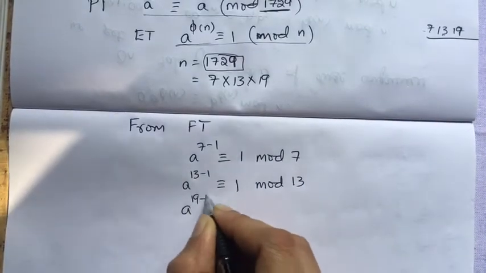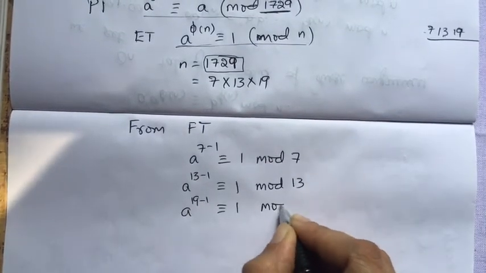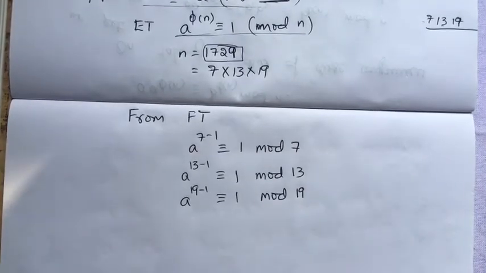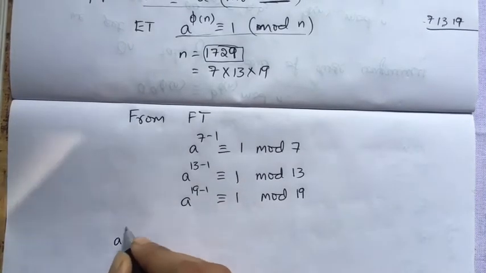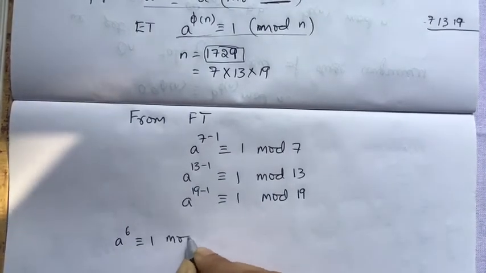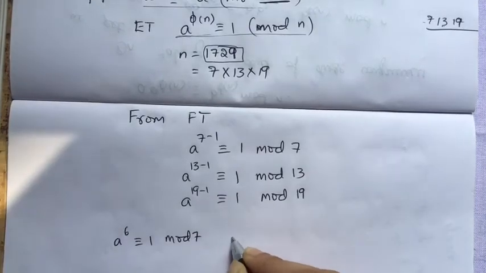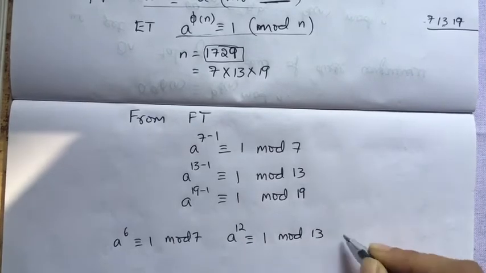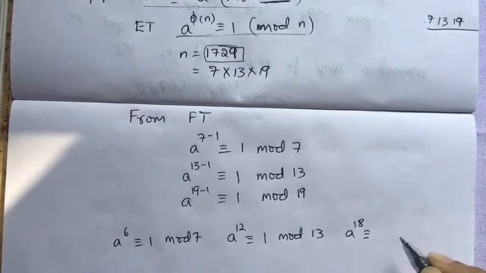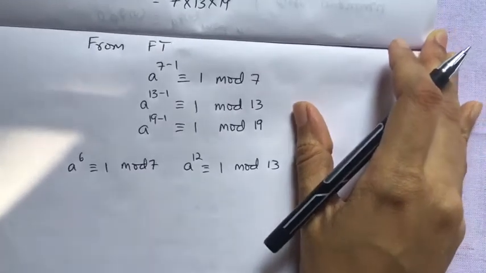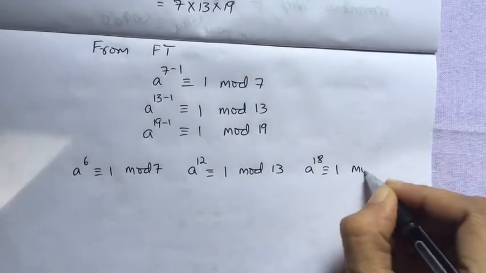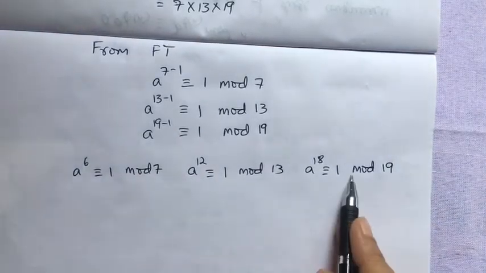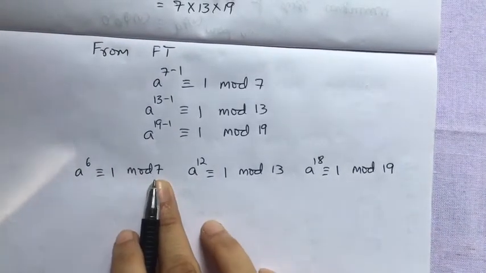Similarly, a power 19 minus 1 is congruent to 1 mod 19. So this is same as writing a power 6 is congruent to 1 mod 7, a power 12 is congruent to 1 mod 13 and a power 18 is congruent to 1 mod 19.